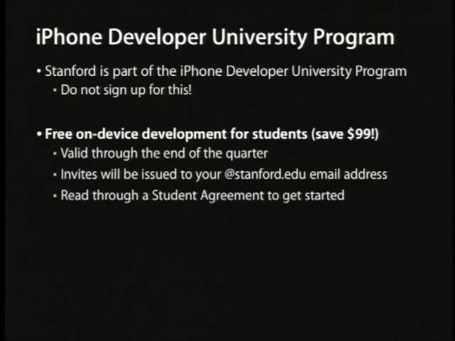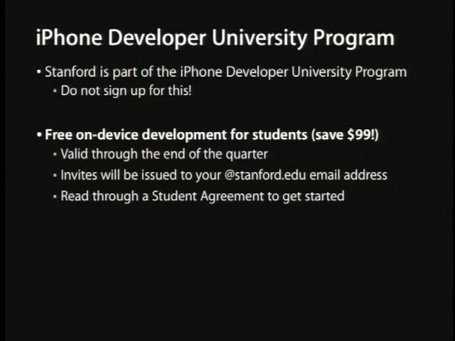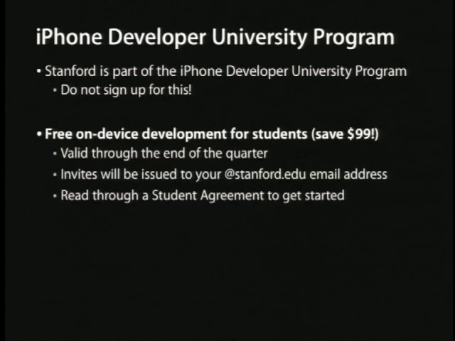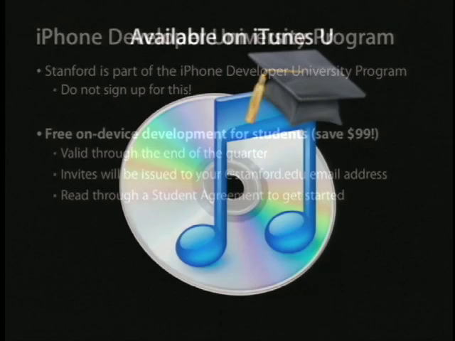Once we determine who's enrolled, we'll invite you to the team. And then you'll have to go through and click on the NDA, the agreement, to get you in, but you're already enrolled. So if you get in, don't go apply for this on your own. Stanford's already done this, but when you get an invite, you're in.